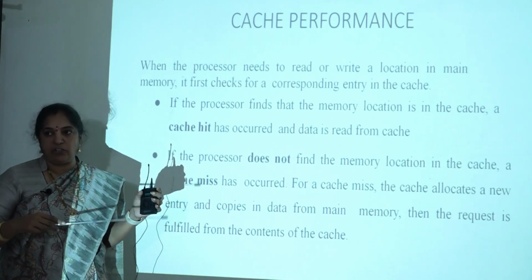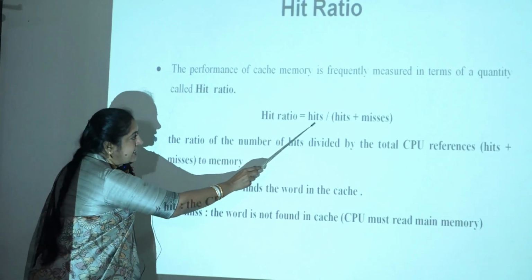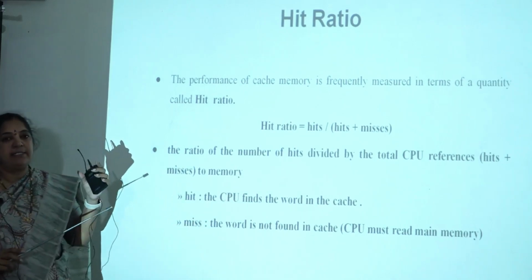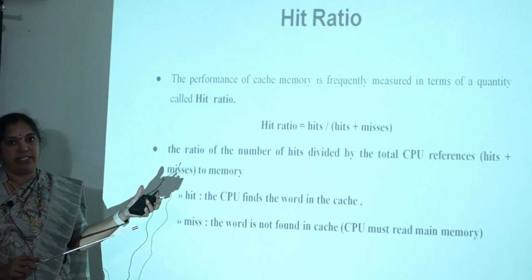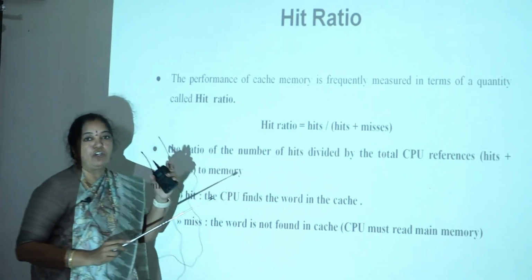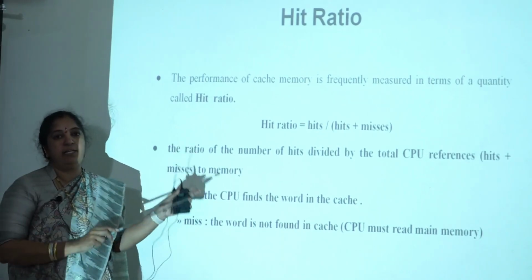The hit ratio is the total number of hits divided by hits plus misses. That means however many times the processor makes trials, the total is taken as the denominator, and the total number of hits is how many times it found that particular word in the cache.